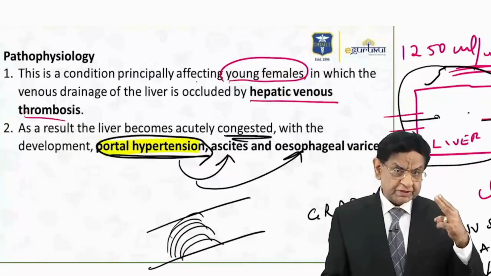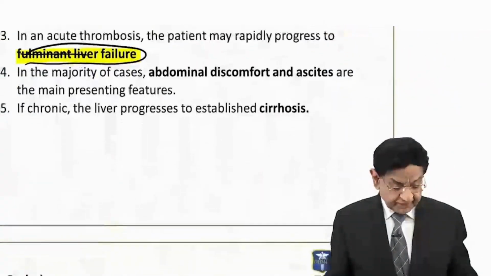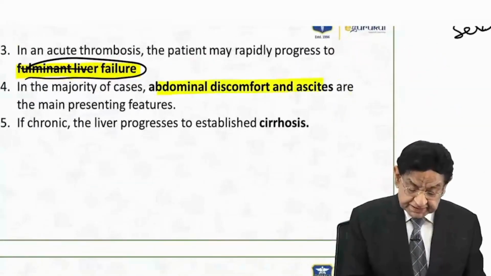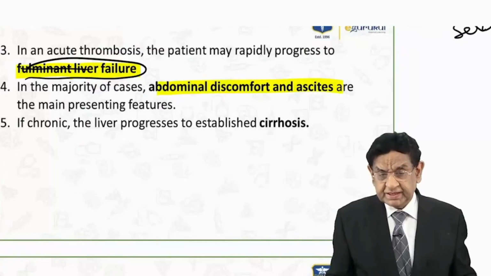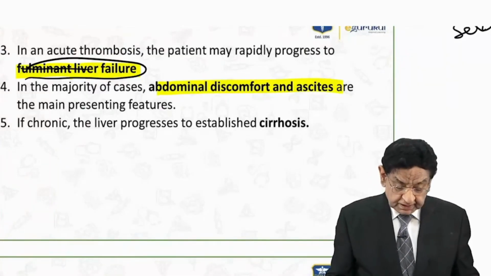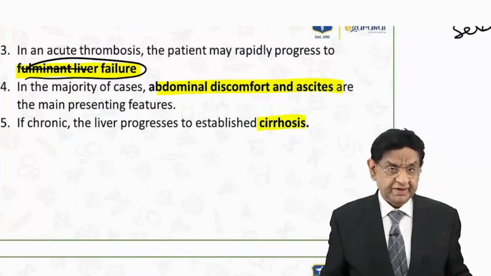So two keywords: chronic, portal hypertension; acute, fulminant liver failure. Abdominal pain and discomfort will of course be there in chronic, but it may occur in acute also, okay. Ultimately the chronic ones can go into cirrhosis of the liver.